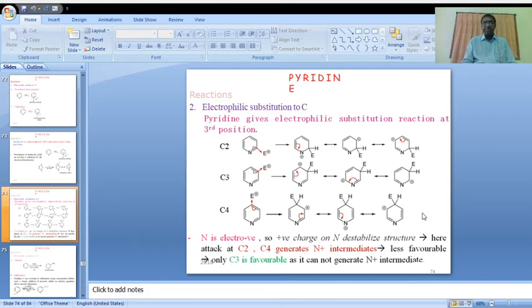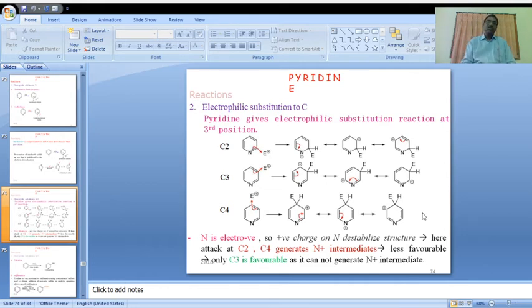Okay, here please observe. Generally the nitrogen heteroatom in the pyridine ring is a highly electronegative atom.